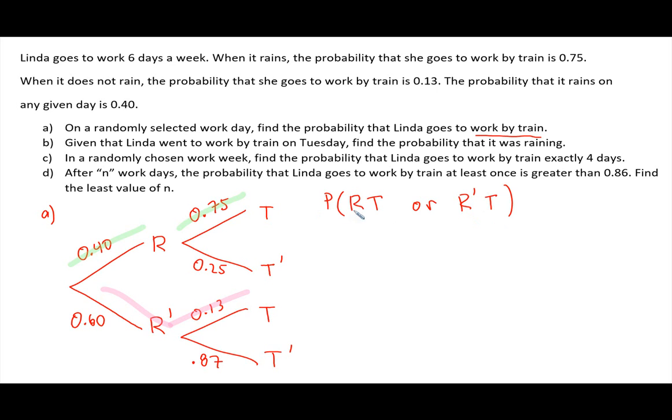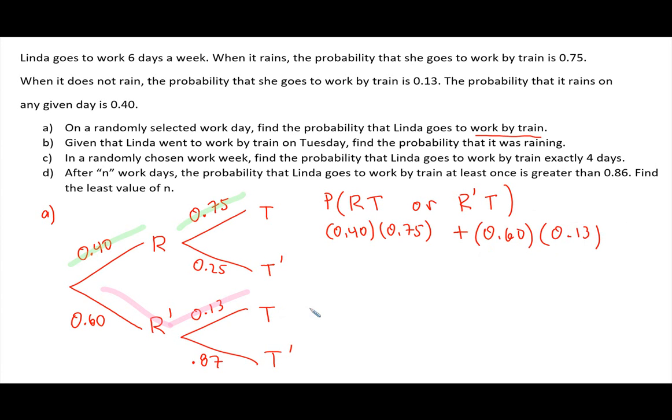Just multiplying these values here, we've got 0.40 times 0.75 plus, remember, we should be adding values now, not rain, so 0.60 times 0.13 for using the train.